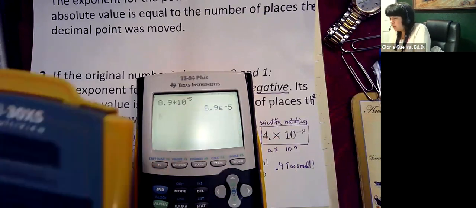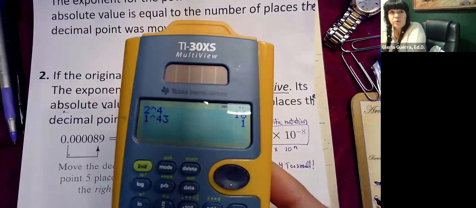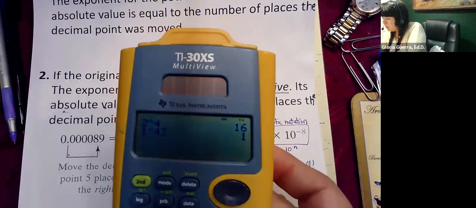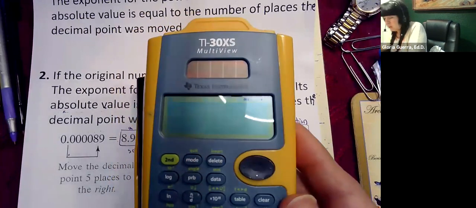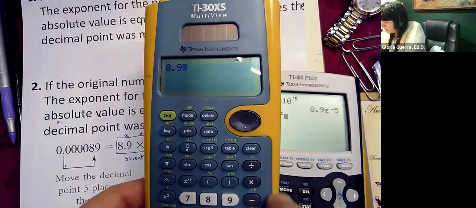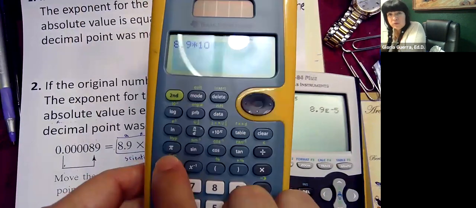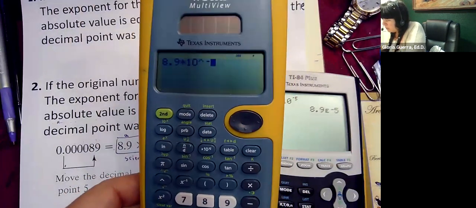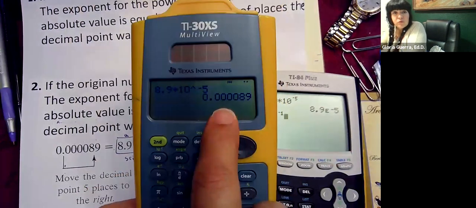We usually use these in the liberal arts math classes and the college algebra class. Let me try that on this: 8.9 times 10 raised to the negative 5 power and hit enter. See, this does show the equivalent of that here.